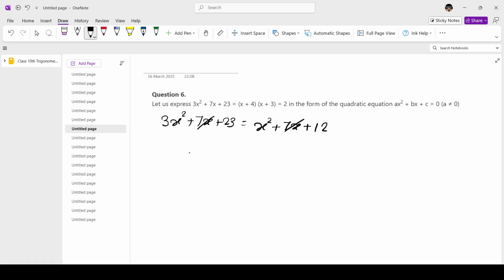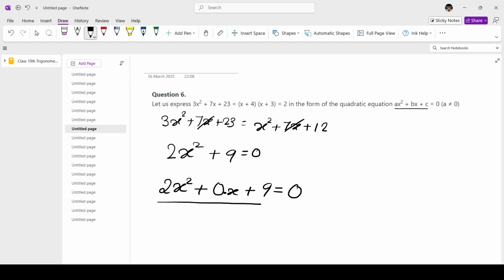This will cancel out, so it will become 2x square plus, it is subtracted, so this will become 9 is equal to 0. It can be written like this: 2x square plus 0 into x, which is 0, plus 9 is equal to 0.